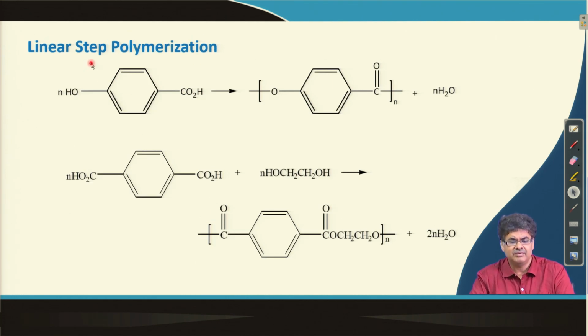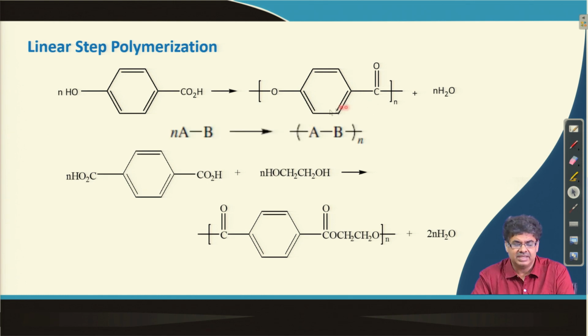Now, we will restrict the first discussion to linear step polymerization, which means we are talking about the polymerization process where F is 2 for the monomers. Functionality 2 can be obtained with a single monomer, like a hydroxycarboxylic acid, where we have two functional groups in one monomer, and it can form a polymer through self condensation.